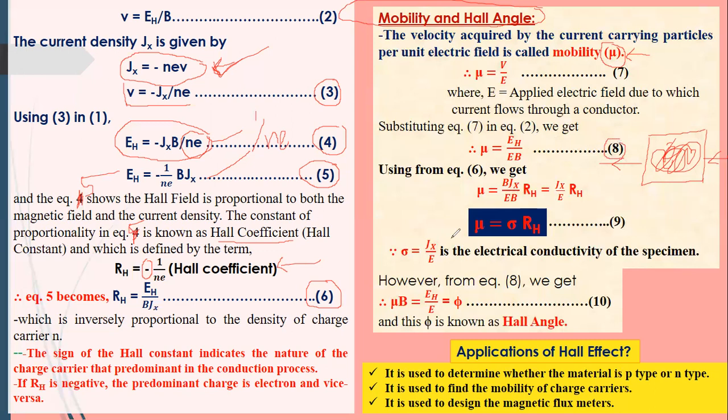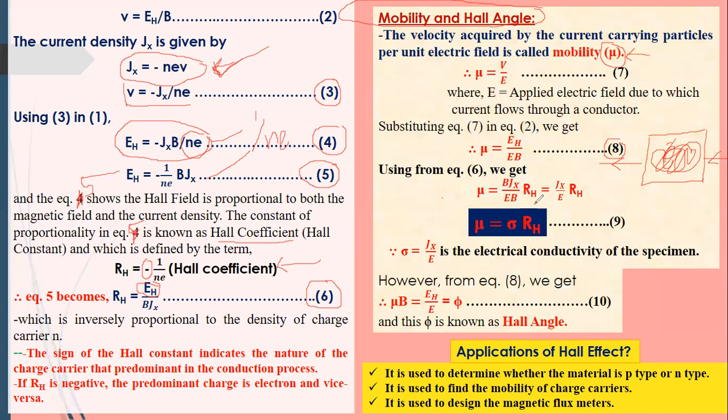Now let's use equation number 6, where EH is equal to RH B Jx. If we put the value RH B Jx instead of EH, therefore mu is equal to B Jx RH upon EB.